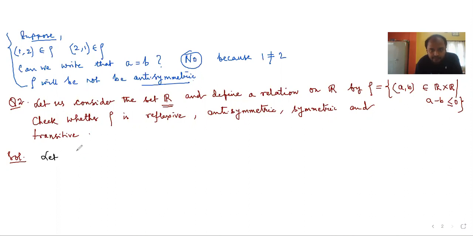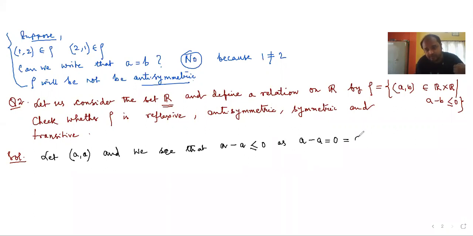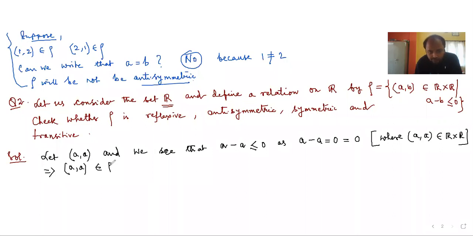Let (A, A), and we see that A minus A is less than or equal to 0, as A minus A is equal to 0, and 0 is equal to 0, where (A, A) belongs to R cross R. So this implies that (A, A) belongs to rho.